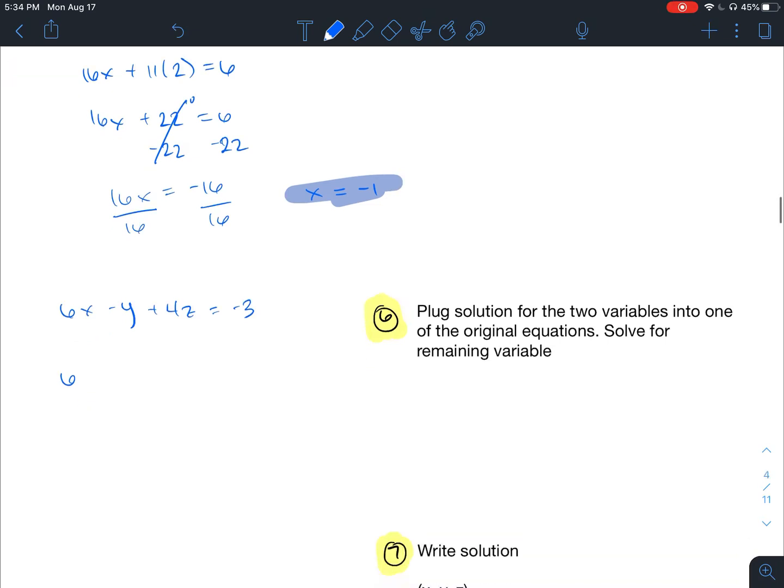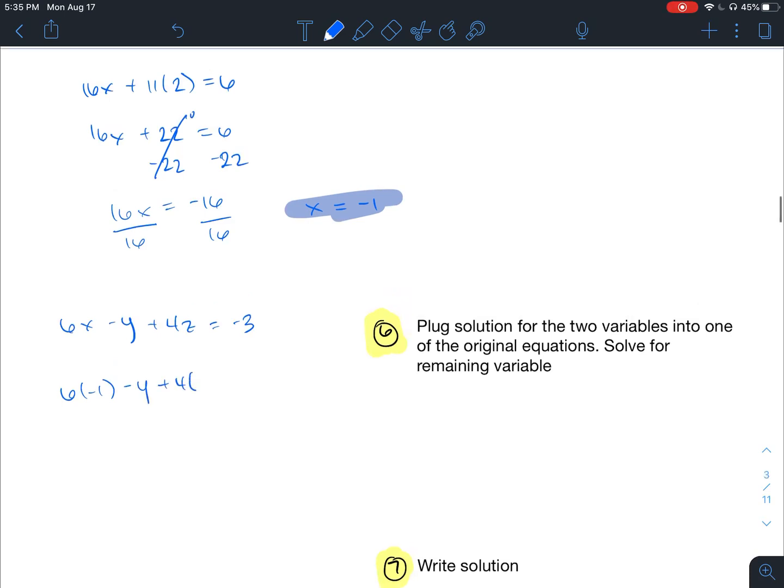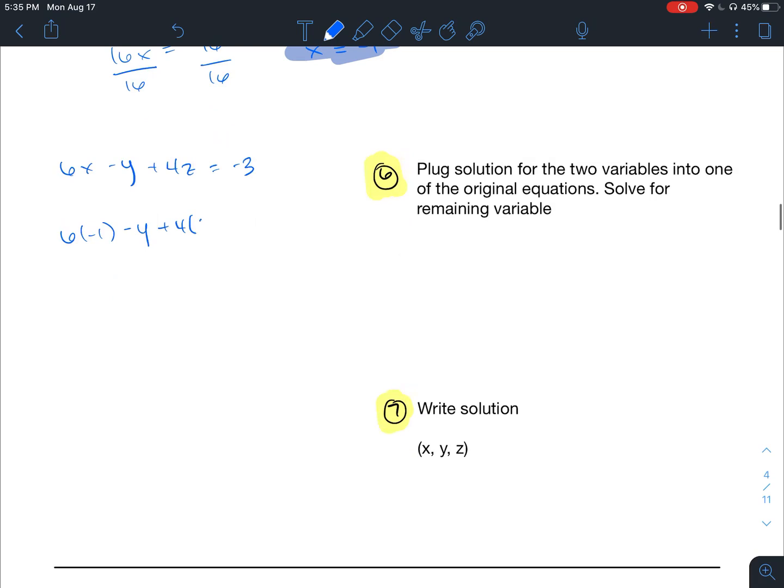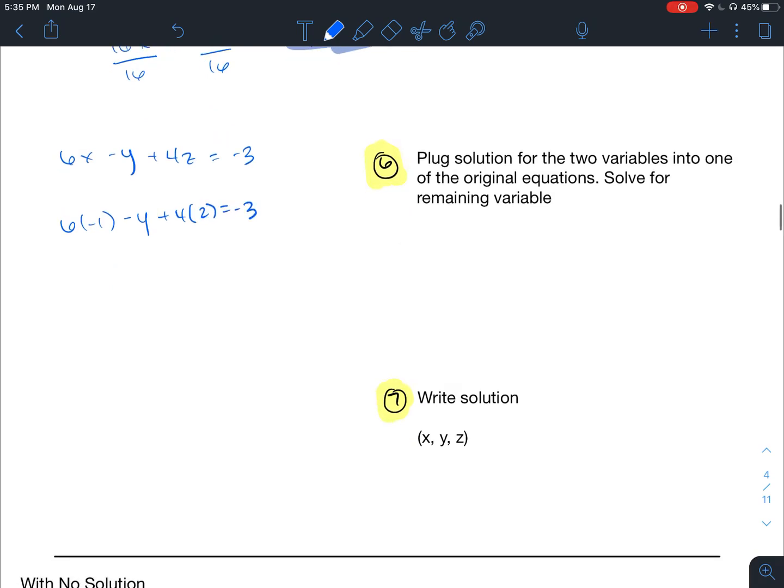So 6 times negative 1 minus y, that's what we're trying to solve for, plus 4 times 2, since z was 2, equal to negative 3. Okay, 6 times negative 1, that's negative 6, minus y plus 8, equal to negative 3.